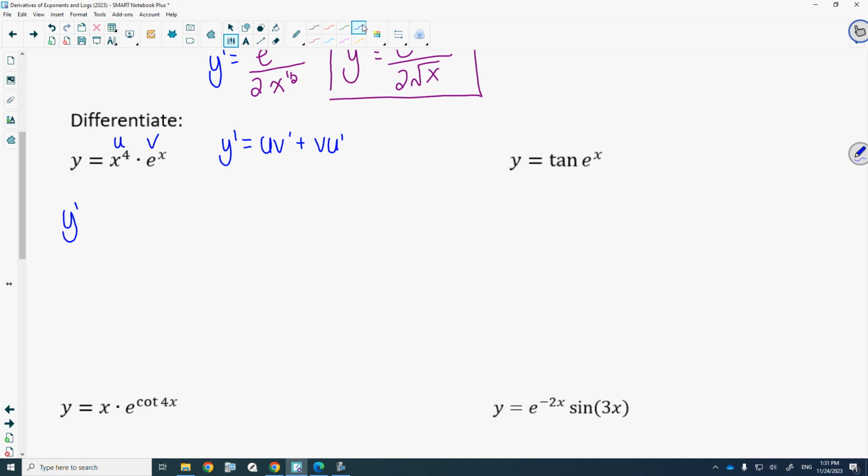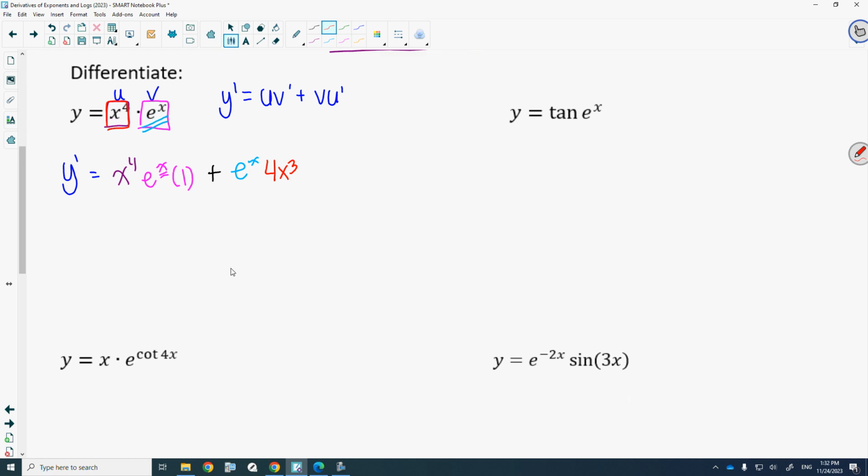So y prime is equal to u and then v prime. So the derivative of e to the x is e to the x, and then I take the derivative of x, which is simply 1. So u v prime plus v and then u prime. The derivative of x to the 4 is 4x to the 3.